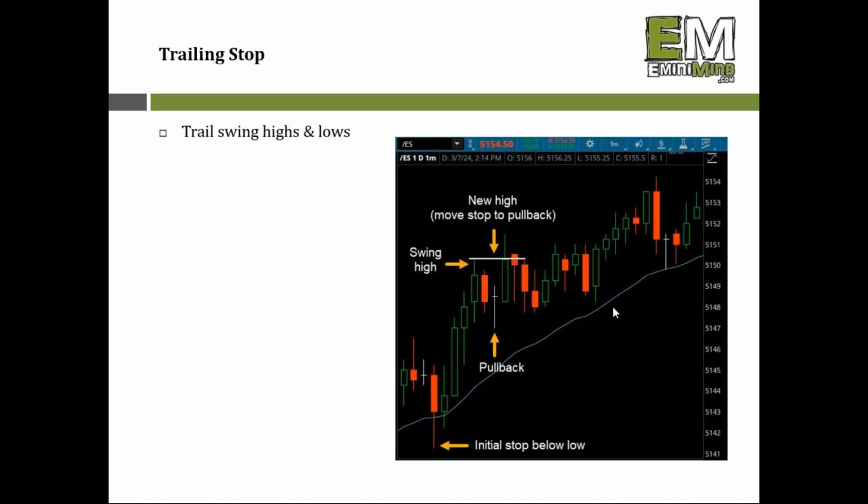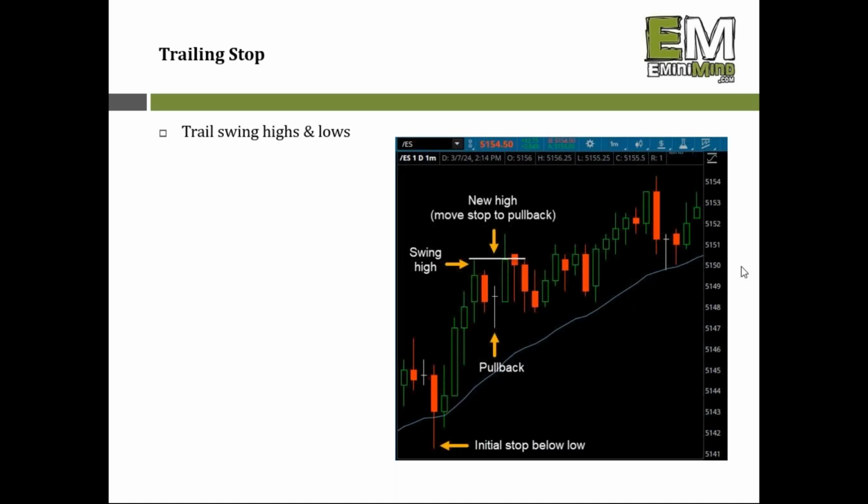Or let's say you're already trading 6 contracts, half of the position, so 3 contracts, can be dedicated to trailing the swings. So that half of the position is going to start with the initial stop below the low, and then give it some time to move, pull back, and then once it breaks out, you're going to tighten the stop on that half of the position.